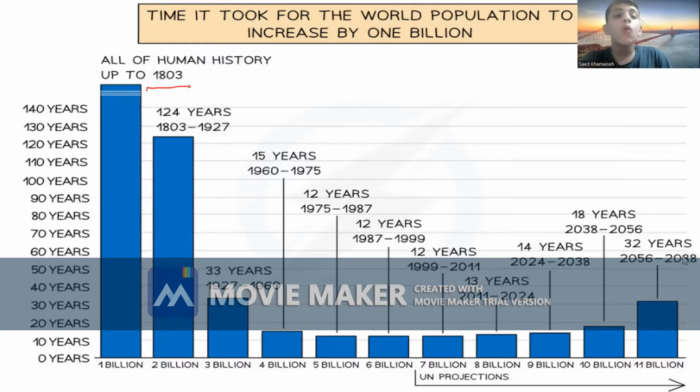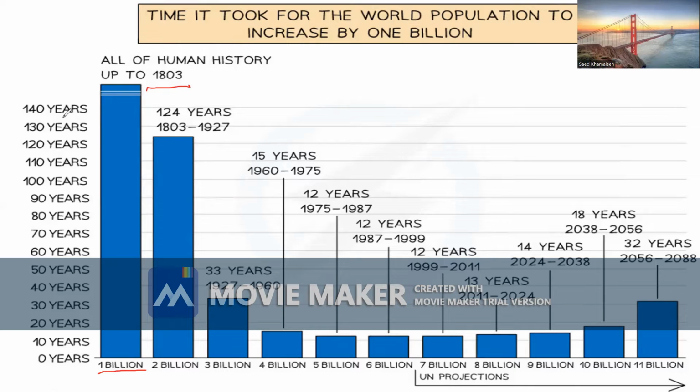In 1803 is when the population reached 1 billion, meaning from 0 years to 140, and it exceeded 140 also.